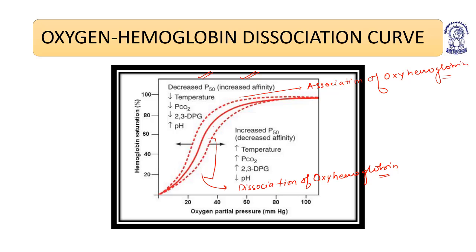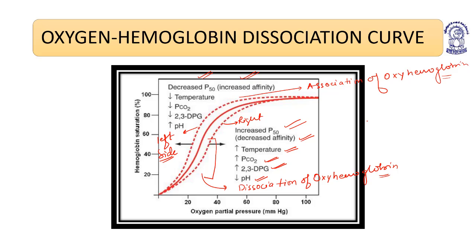So the shifting of the curve to the right side or to the left side. Okay, this is the right side and this is the left side. The right side shifting of the curve is seen when P50 is increased, affinity is decreased, temperature is high, partial pressure of CO2 is high, 2,3 DPG amounts are high, and when pH is less.